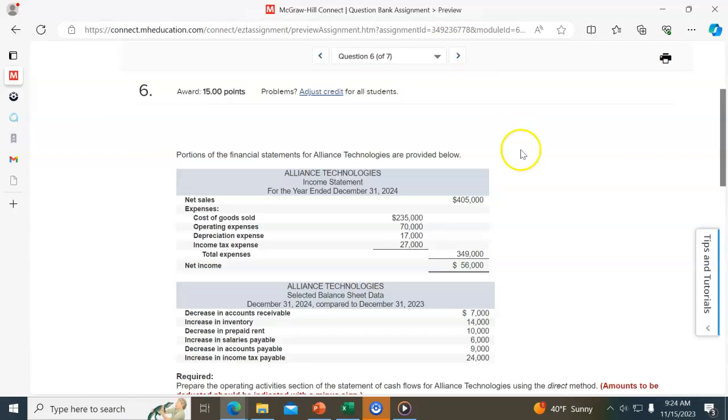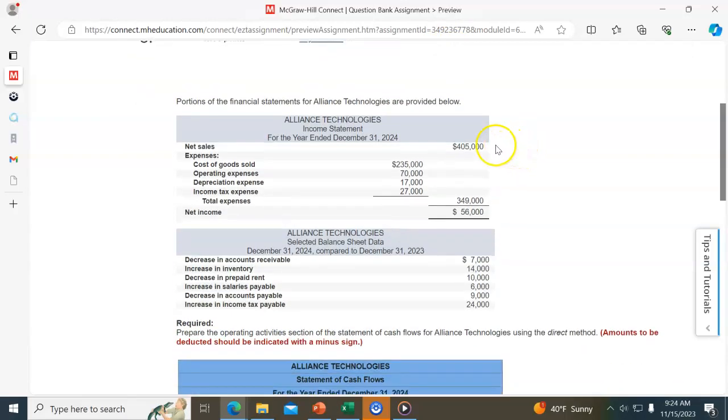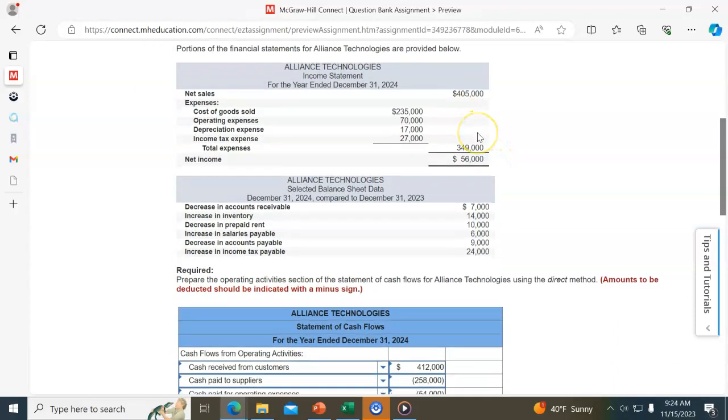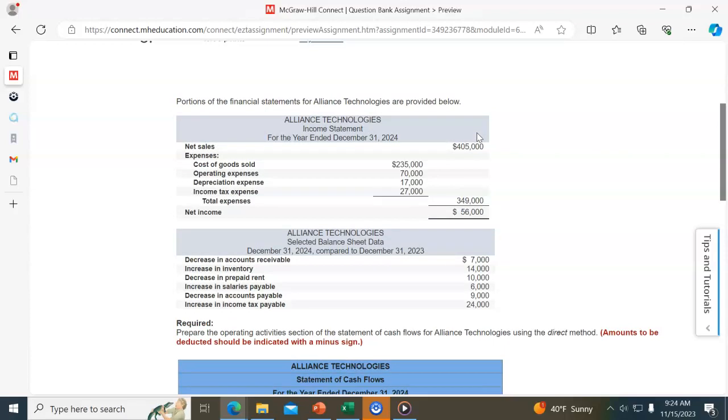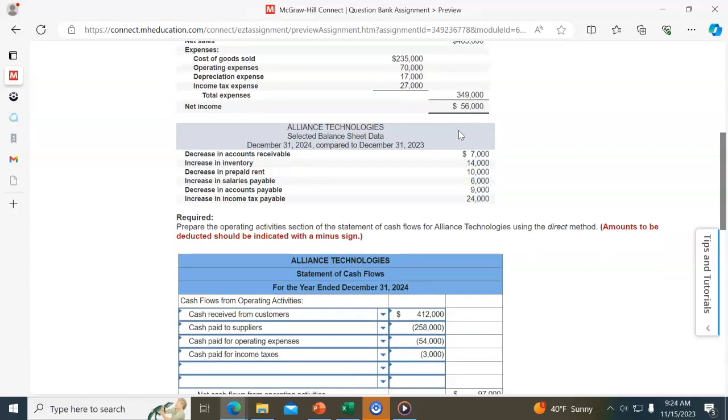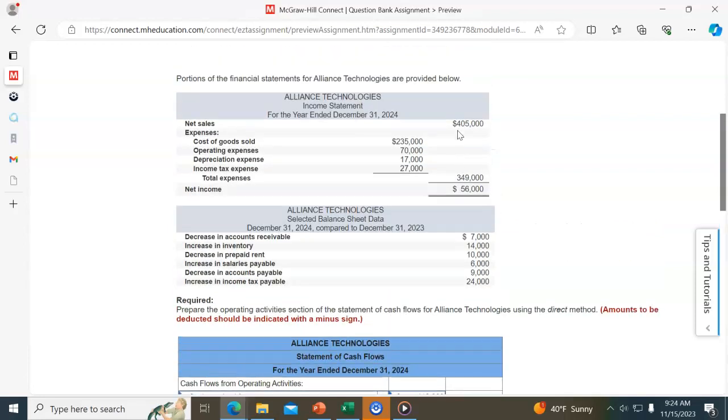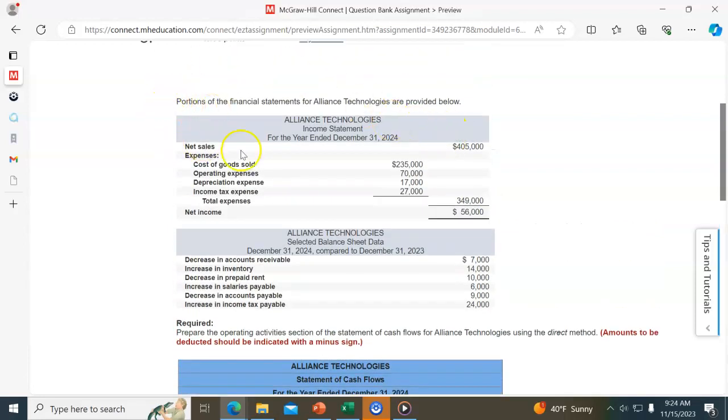Here are ratios. Now, this is using the direct method. This direct method, here's the key, and you're going to have this in your quiz. Remember, here is the accrual basis.